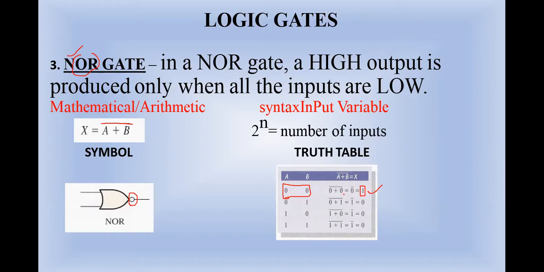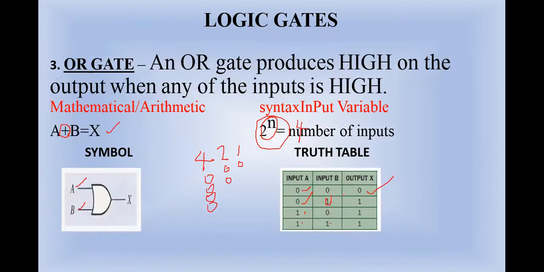So taking you back a little bit, this one, the OR gate, it will give you a high as long as there is a high in the input. There can be 1 and 0, 1 and 1, but as long as there is a 1, it will give you a high. Anything less than this scenario, it will give you a 0.